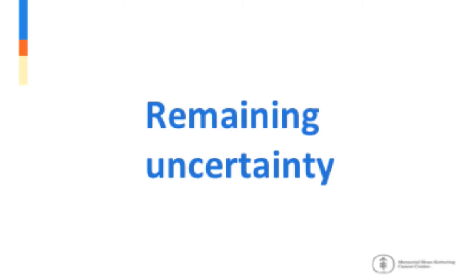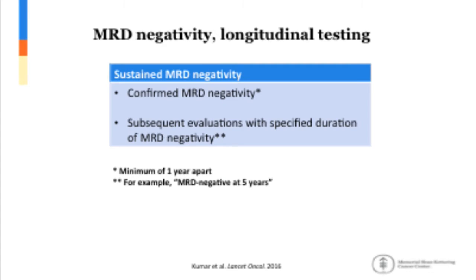I think this is a huge step forward, but there is still also remaining uncertainty in this field. So one of them is, what's the role of sustained MRD negativity? In this document that I am talking about, the International Myeloma Working Group criteria, beyond the definition of MRD negativity, there is also a statement saying that one can use in papers and in studies a terminology namely sustained MRD negativity.